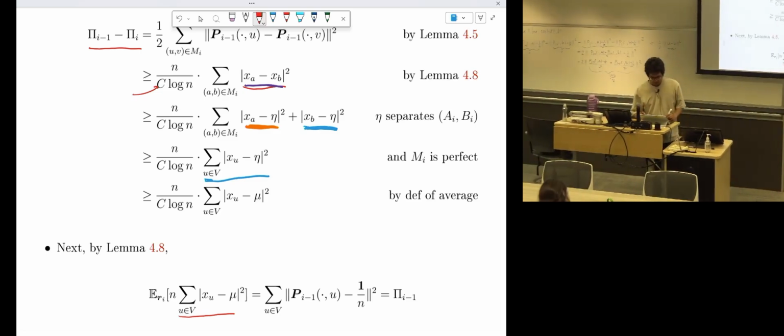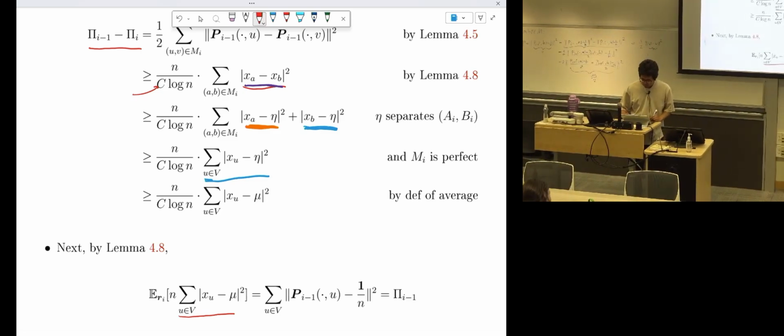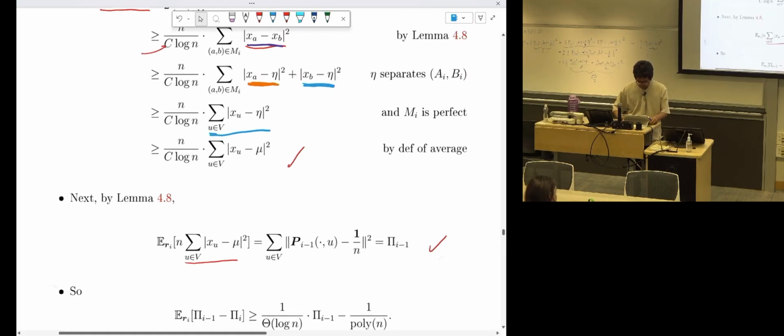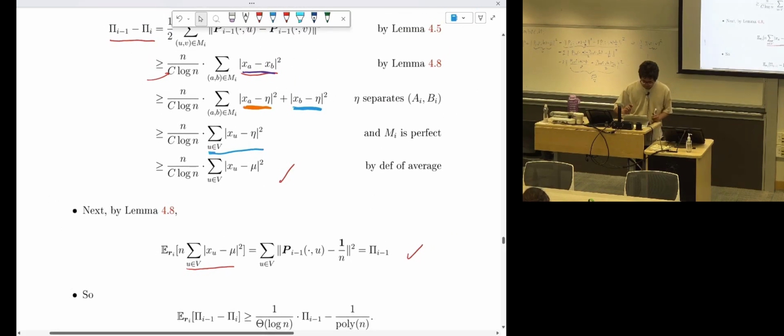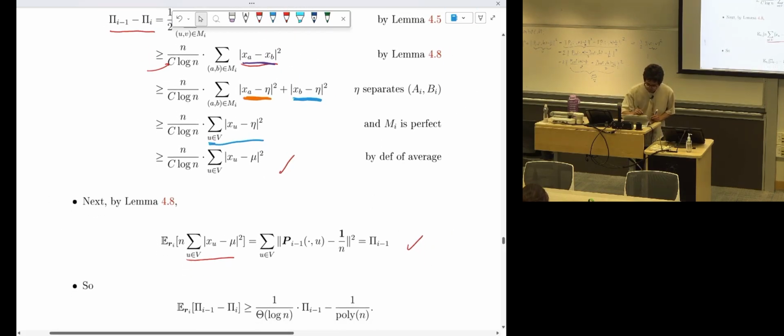Okay, so let's try to combine this with this whole thing. What we get so far is that, let me put the expectation here, and then I get the expectation here.